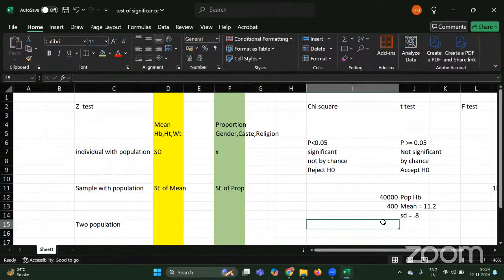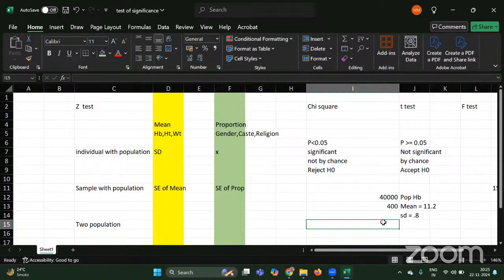When this sampling error is standardized, it is known as standard error of mean. How do we find standard error of mean? We find it by SD upon root n, or root of S square upon n.